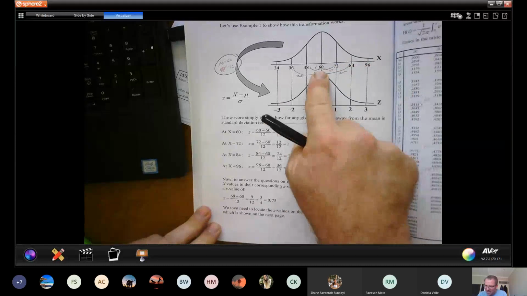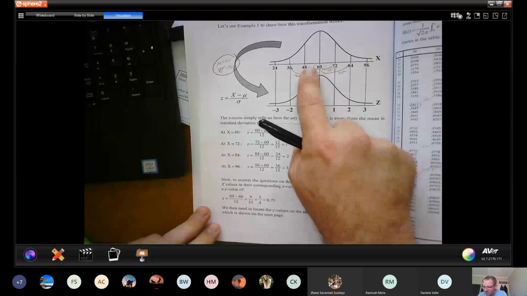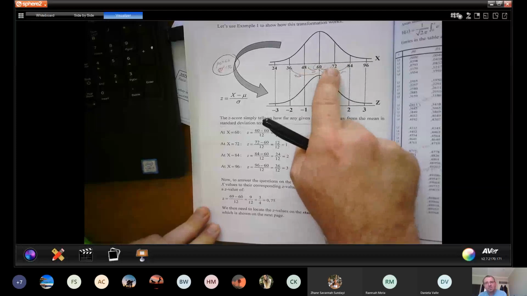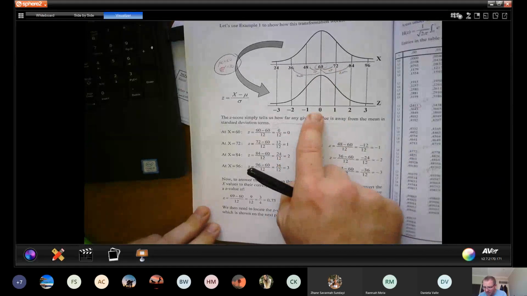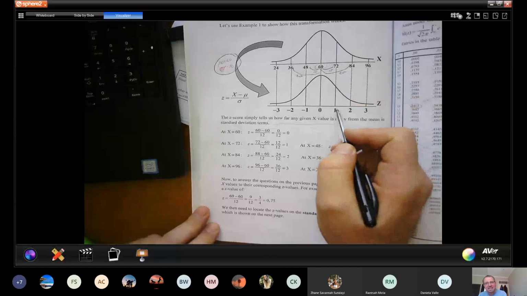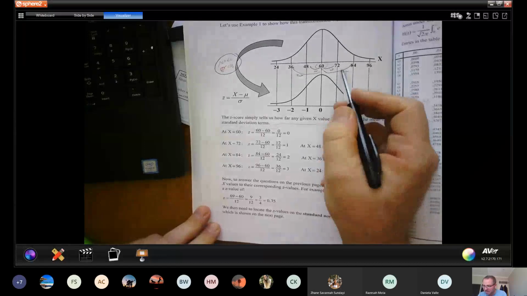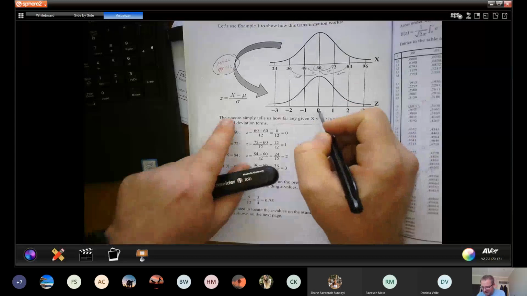The actual mean is 60, then one standard deviation away, it's between 48 and 72. We convert your X scores into Z scores, and all Z scores are is how many standard deviations an individual X score is away from the mean.